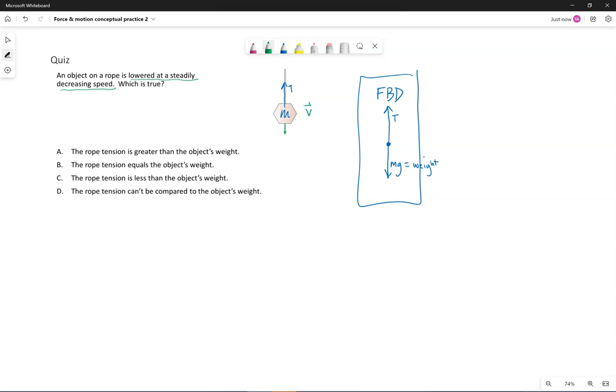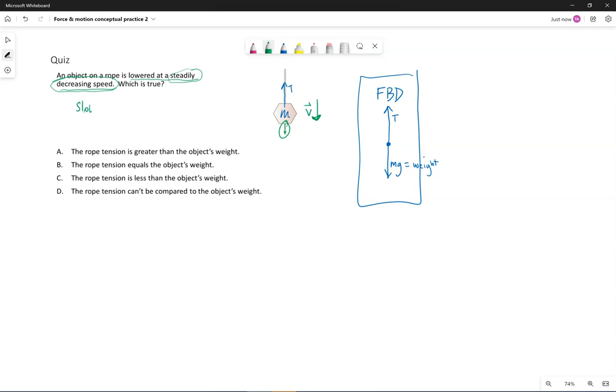So the velocity, it's drawn on the picture right here. If the object's being lowered, then its velocity points downwards. The acceleration, we have to reason through that like we did in the previous section. It tells us in the problem that the speed is steadily decreasing.